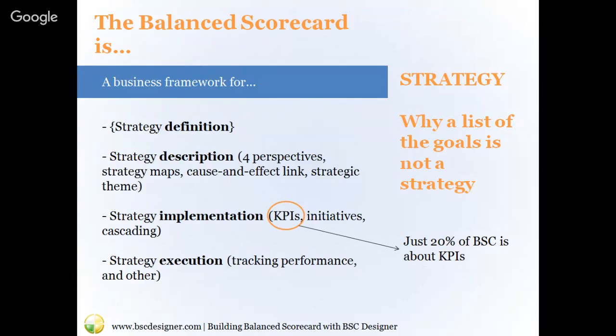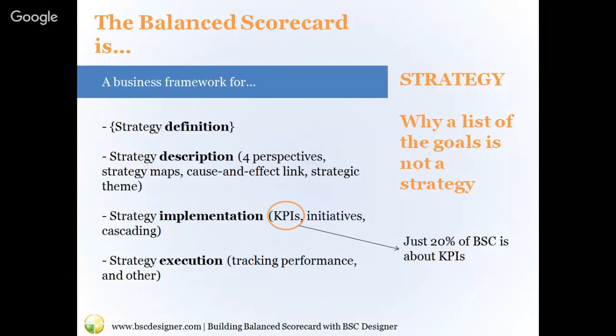I would estimate that the Balanced Scorecard is just 20% about the key performance indicators. So in most cases, you can start without good key performance indicators, but you need to start with good business goals. You can find key performance indicators later, but without good business goals, I would not recommend to start.